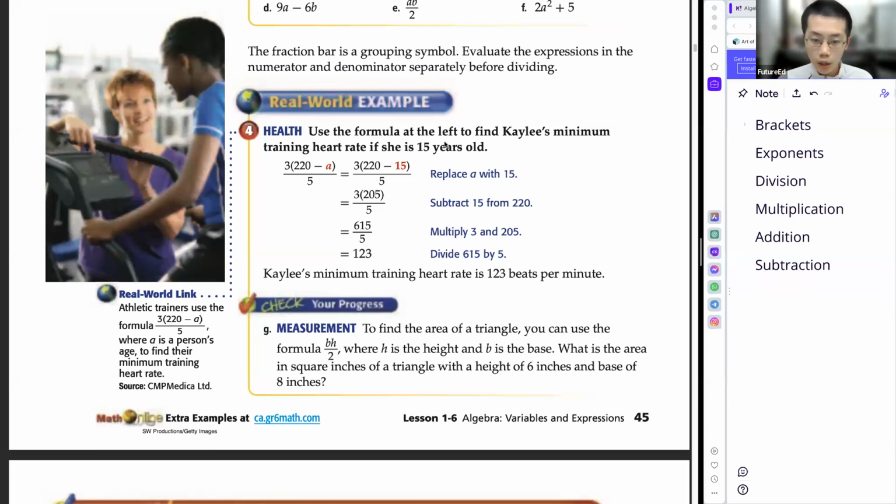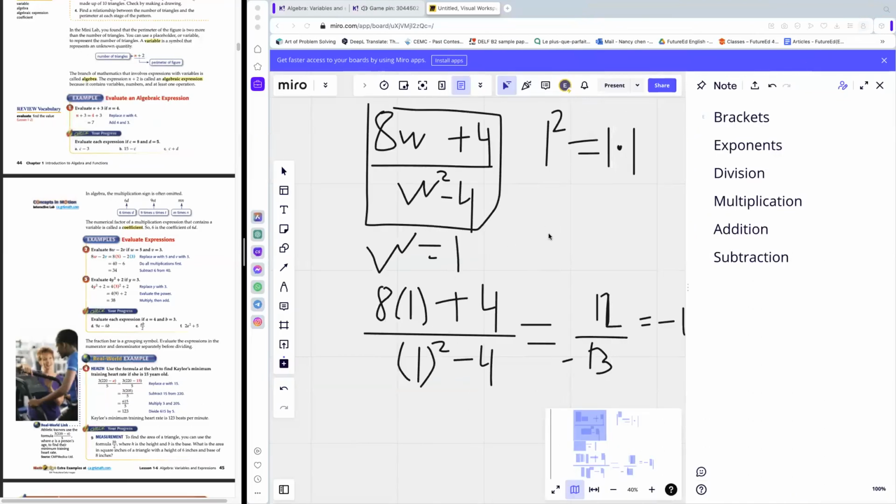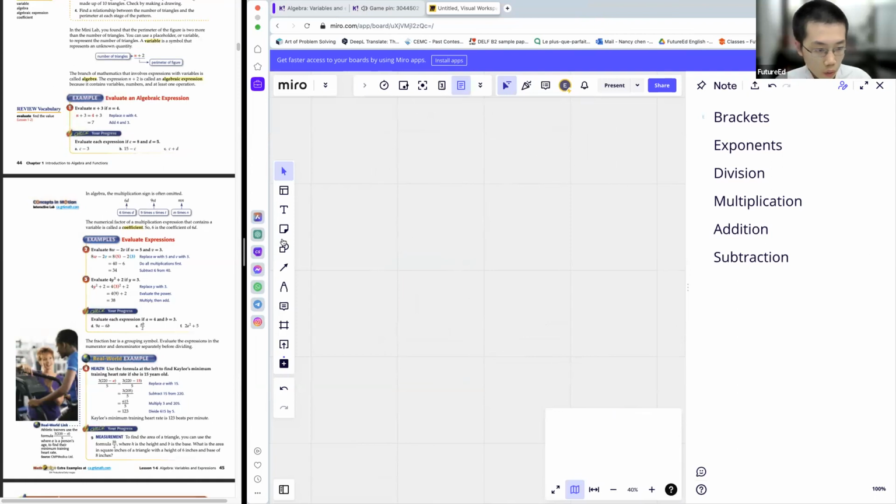Can I have an example? Jason, can you tell me how old you are, please? Like how old you actually are. 11? Okay, so I'm going to write this expression on the whiteboard.